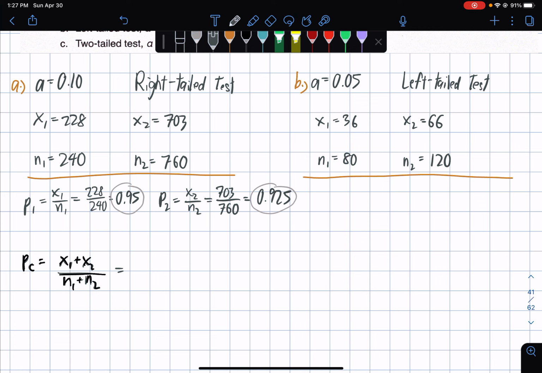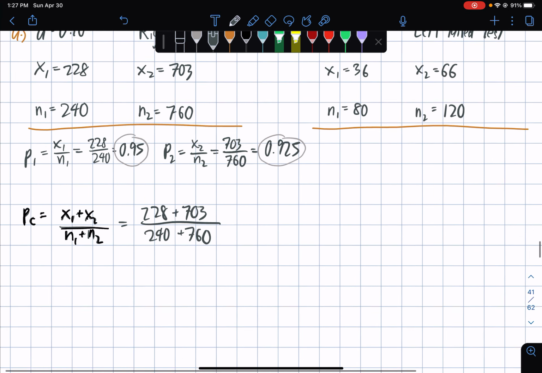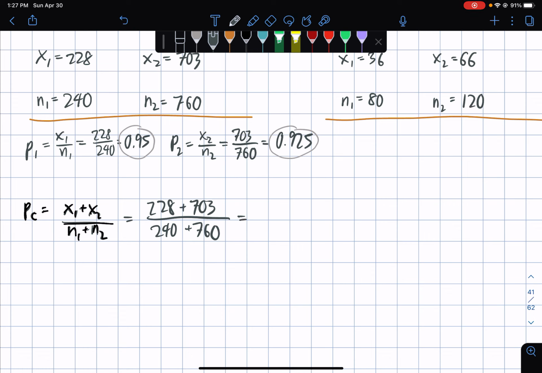For the PC, we have 228 plus 703 divided by 240 plus 760. Based on the calculator, the answer is 0.931. So let's make use of the formula.